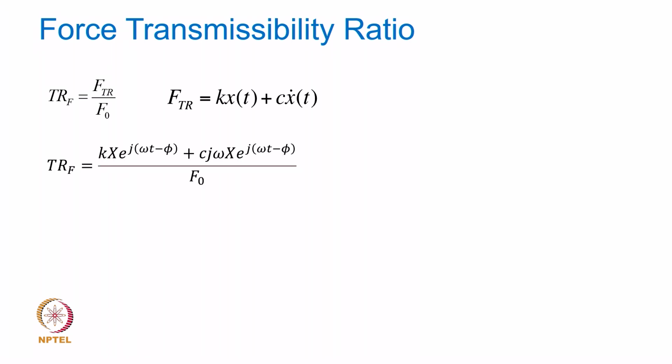If I replace FTR by this expression and also replace x of t, this response, which is nothing but capital X e to the power j(omega t minus phi), and c x dot was written like this.